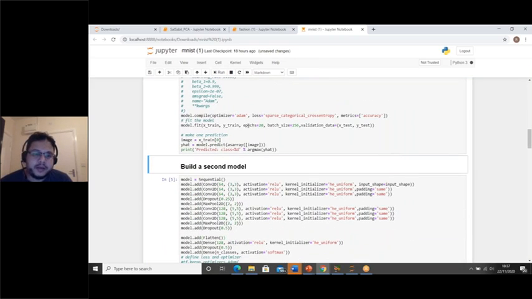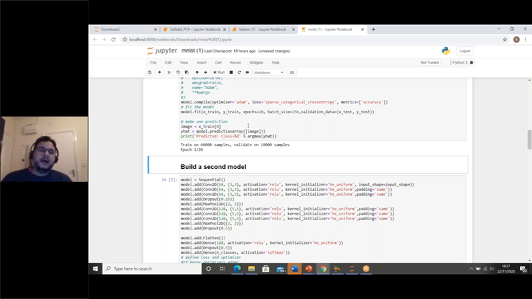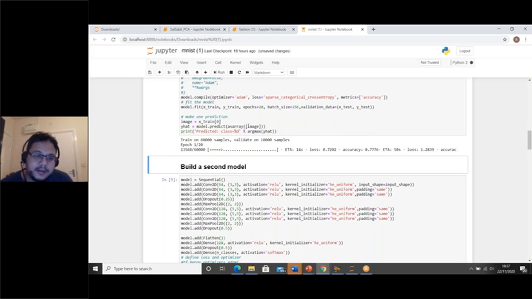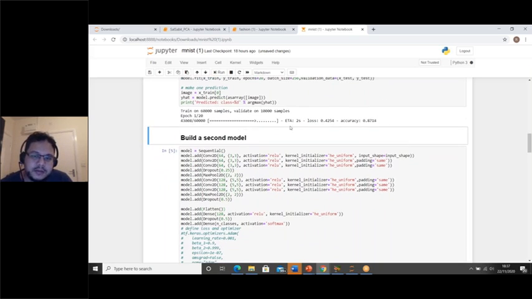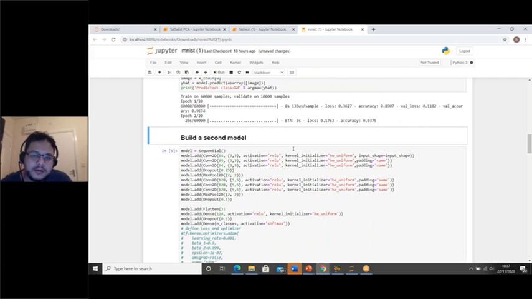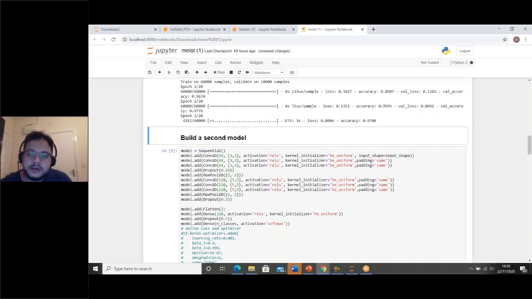Hopefully it's going to start training now. Yeah. Let's look, it is training. It's quite fast. So this is the accuracy on training, and this is the accuracy on testing, val accuracy. So you can see if it is improving or not. The loss function optimizes the training accuracy, and we can see if the accuracy on testing is good or not.